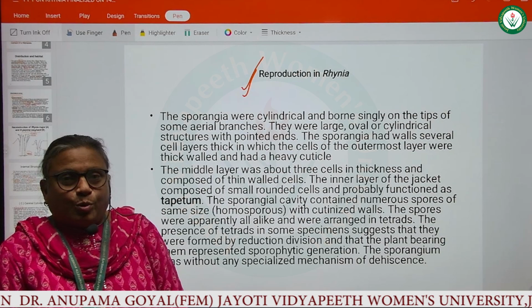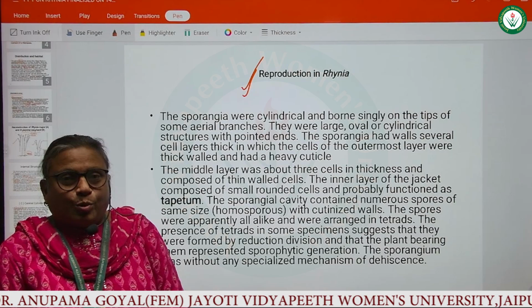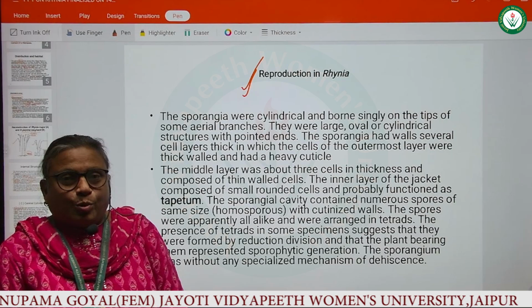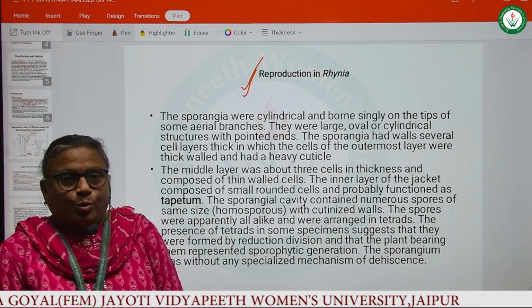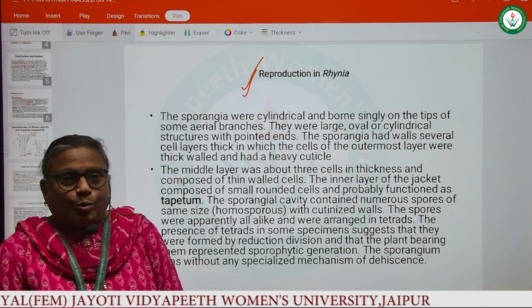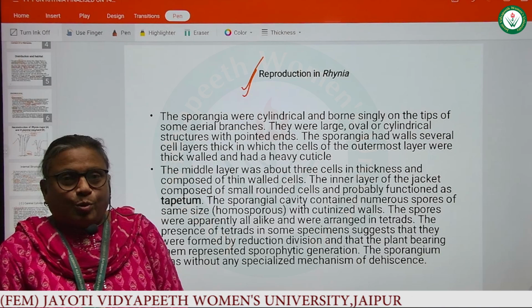However, no conclusive evidence of archegonia or antheridia is known to identify these fossils as gametophytes.